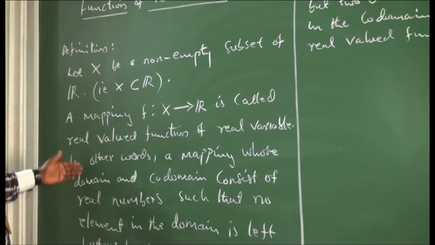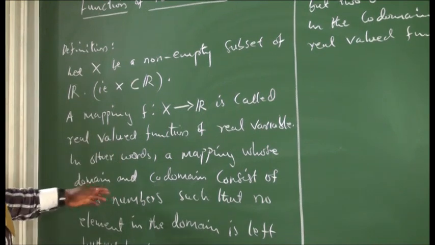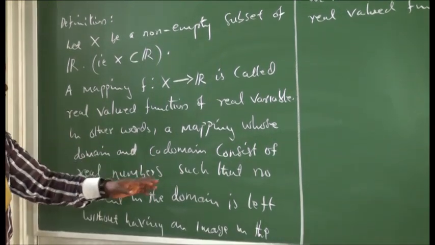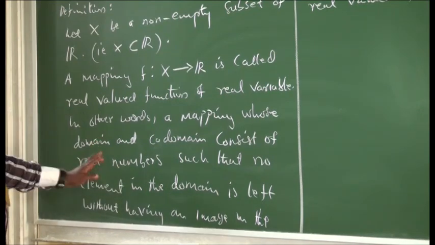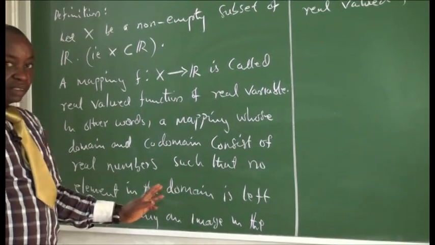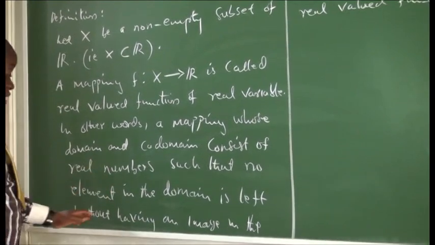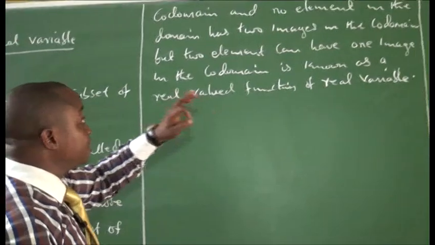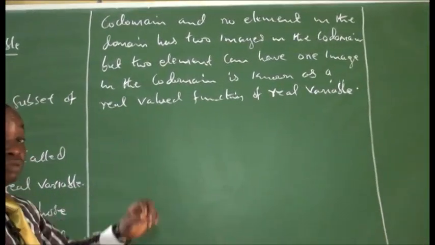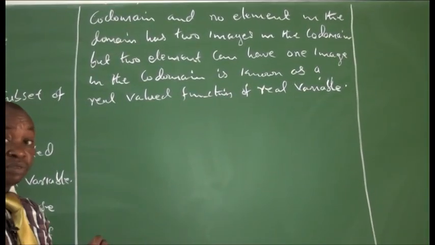So in other words, a mapping whose domain and codomain consist of real numbers such that no element in the domain is left without having an image in the codomain, and no element in the domain has two images in the codomain.